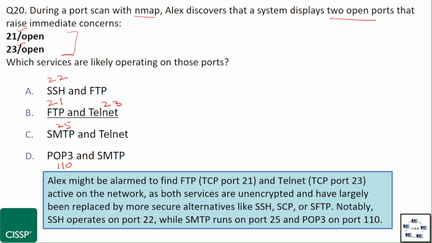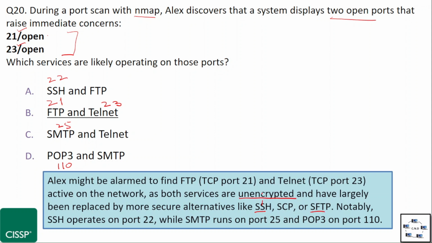So Alex might be alarmed to find FTP TCP port 21 and Telnet TCP port 23 active on the network, as both services are unencrypted and have largely been replaced by more secure alternatives like SSH, SCP, or SFTP.